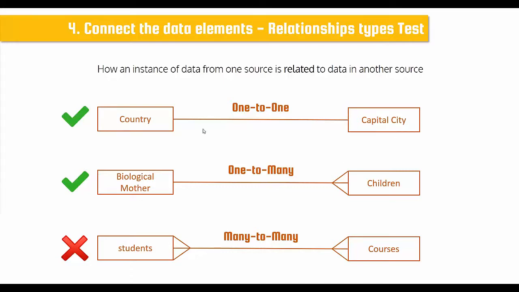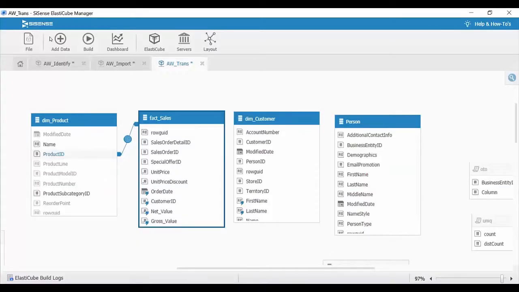Okay? So now, let's check the uniqueness. Let's see how we can pretty easily test the relationship between two tables. And again, it's another Q test.